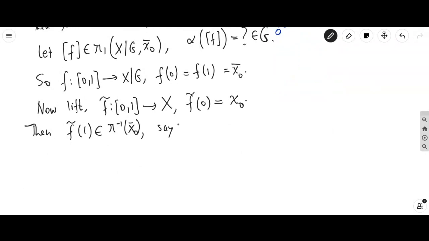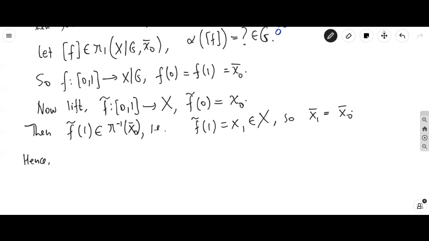So let's say f tilde of 1 is something. I'm trying to make this a little bit easier. F tilde of 1, let's say it's equal to x1, whatever that is in our cover space, x. Then the class of x1 and the class of x0 are the same because they're in the same fiber, by definition.